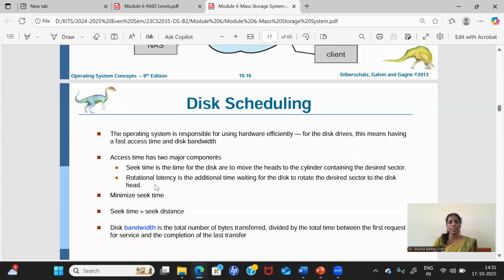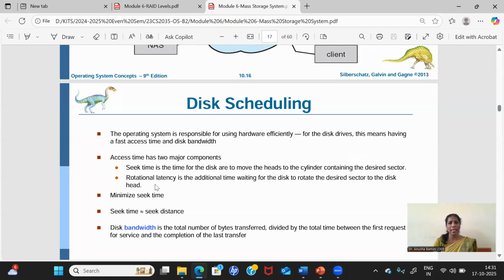Seek time means the time taken for the disk to move from the head to the desired sector. As I said earlier, when I insert a CD drive and immediately want to play the 50th song, the sector is at the zeroth position, at the head position. From the head it needs to reach the 50th sector.